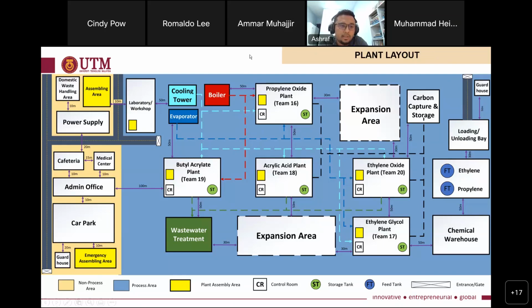My second comment is, is it realistic for you to combine laboratory and workshop? Because this workshop refers to your maintenance workshop, right? And laboratory is where you test the QA/QC of your daily product.